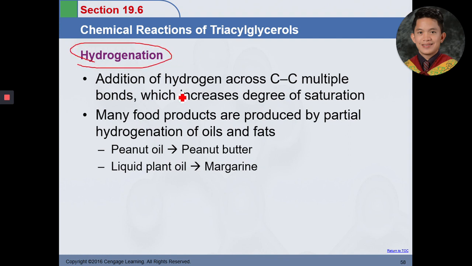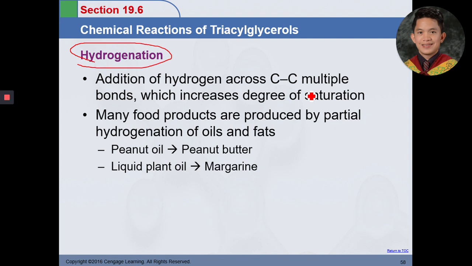Many food products are produced by partial hydrogenation of oils and fats. In the case of peanut oil, hydrogenation would produce peanut butter, whereas hydrogenation of liquid plant oil would produce margarine.